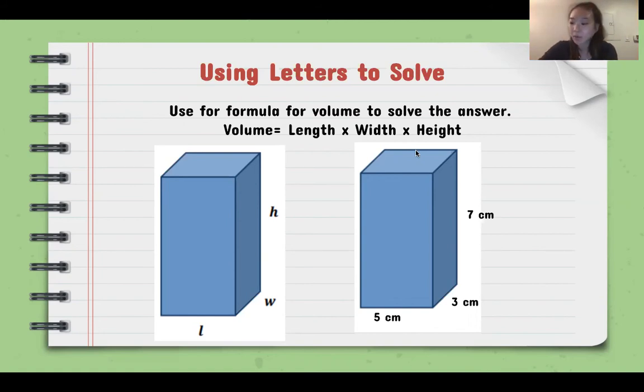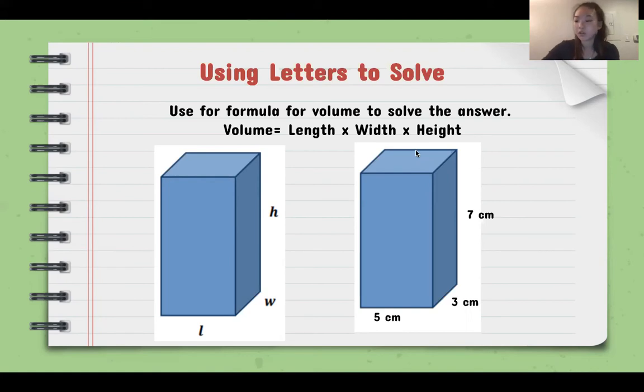So our W is going to be our width, and the width in this instance is going to be 3 centimeters. And then our L, which is going to be our length, is going to be 5 centimeters. So I have all of that written out now. So H is 7, W is 3, and L is 5. And then don't forget, we need the centimeters as well.